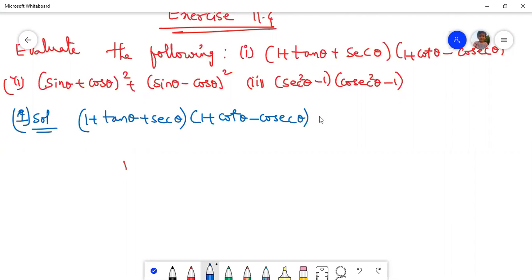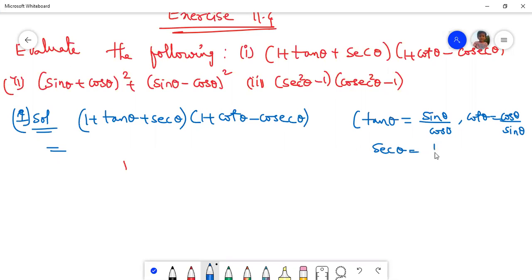We know that tan theta equals sin theta by cos theta, cot theta equals cos theta by sin theta, secant theta equals 1 by cos theta, and cosec theta equals 1 by sin theta.